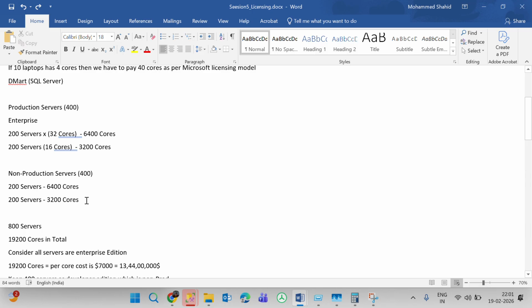So we have to make sure every time that enterprise edition should only be configured for critical servers. Whatever we won't use much, and for testing purposes and all, everything should be taken as developer edition. Non-prod should be developer edition.